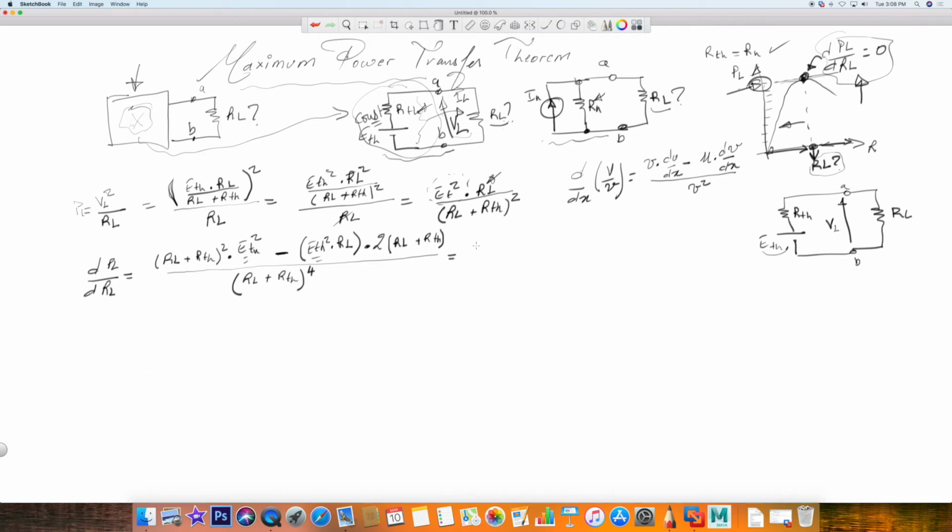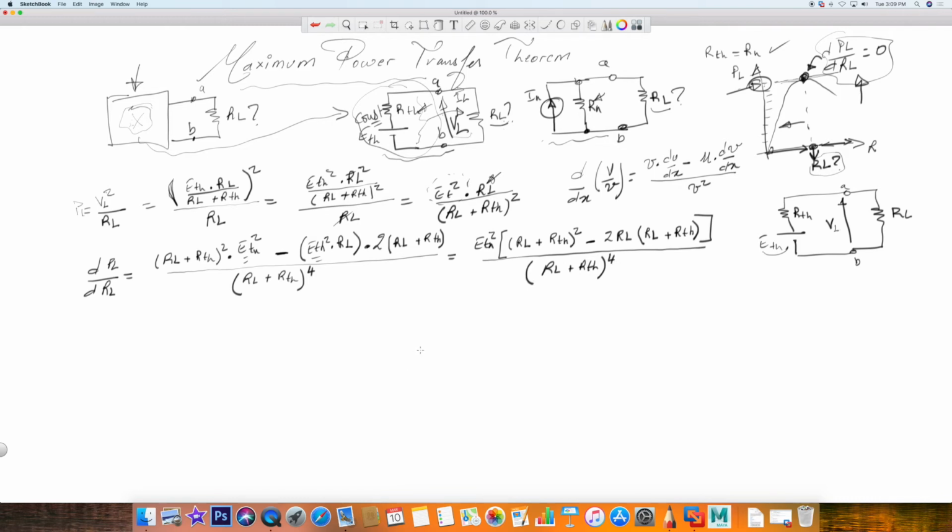So this is going to be equal to ETH squared times RL plus RTH squared, minus 2 times RL times RL plus RTH, everything divided by RL plus RTH to the 4th.